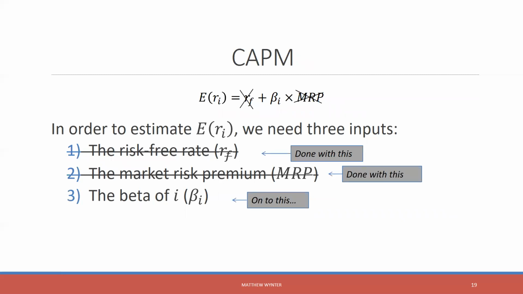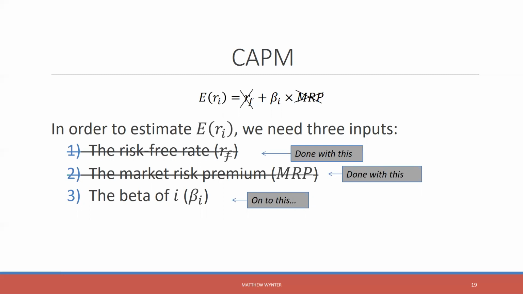Okay, so we've got our risk-free rate. We know that we can use US government bonds, we can maturity match, we can look along the yield curve, find the same maturity as our project. Awesome. We also have our market risk premium. We know that there are many different markets. So there's the world market, there are country-specific market indices. Okay, fine.